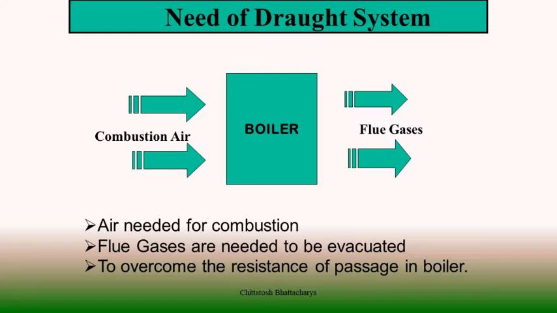Out of this product of combustion, ashes are collected in various phases, either in the bottom of the furnace or in different heat trapping zones or outside the furnace and boiler. We have a dust separating and collection system, and the cleaned flue gas is disposed through the chimney and evacuated by the induced draft fan.